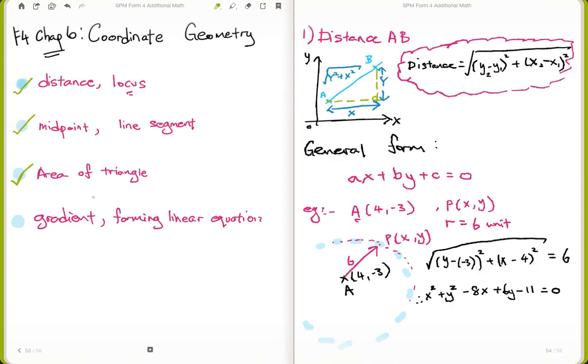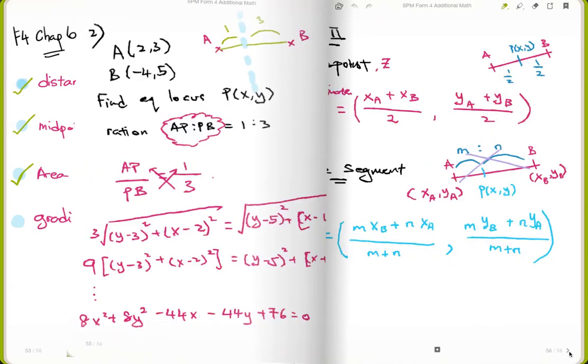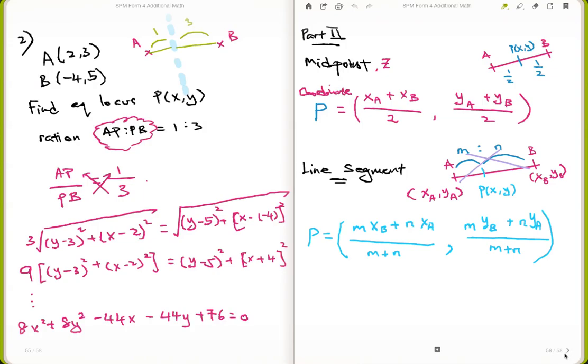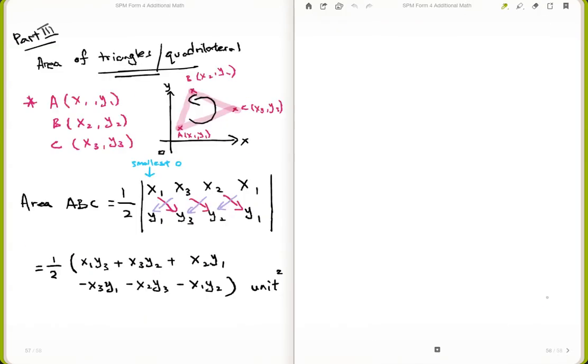Now, last part would be gradient forming of linear equation. This part here is something challenging for newcomers, but as time goes by, you'll be quite good at it already, and didn't realize you are solving questions in paper 2 SPM.